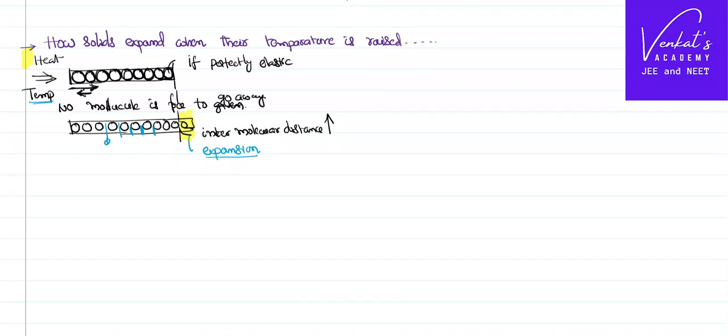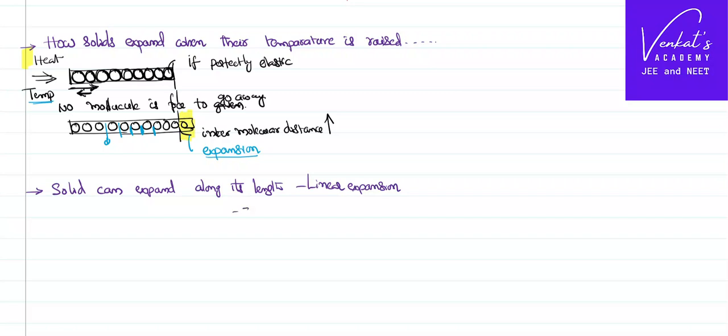So when heat is applied to a solid, it can expand in multiple ways. A solid can expand along its length, and that kind of expansion is called linear expansion.